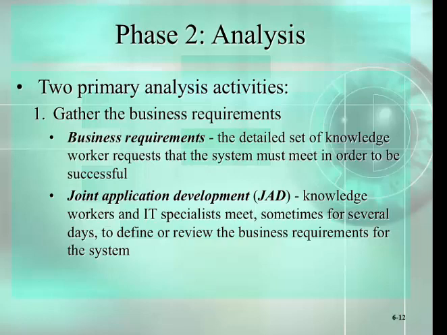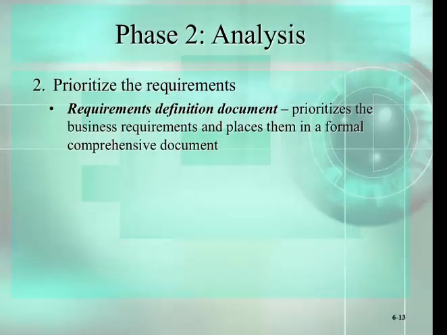Joint application development: knowledge workers and IT specialists meet, sometimes for several days, to define or review the business requirements for the system. Prioritize the requirements. The requirements definition document prioritizes the business requirements and places them in a formal, comprehensive document.